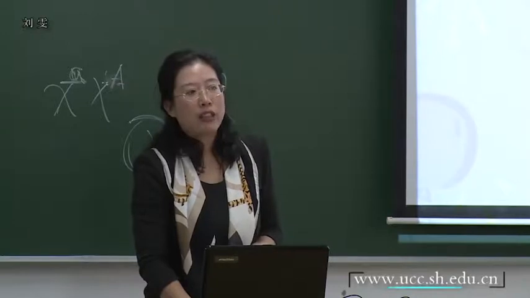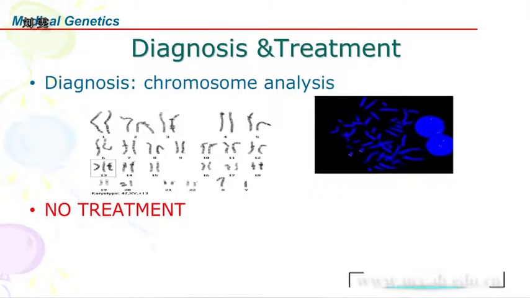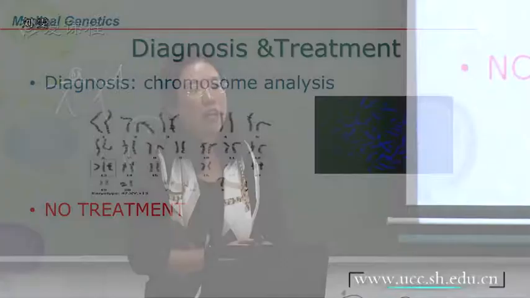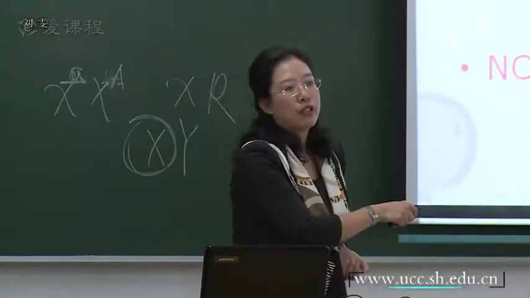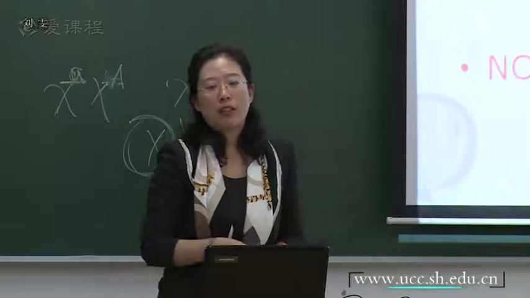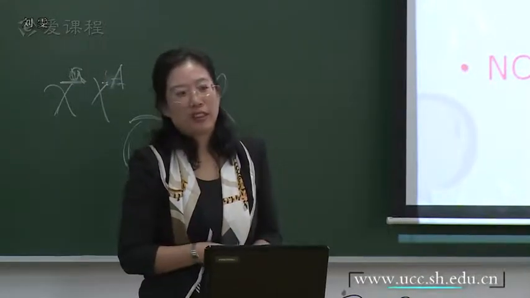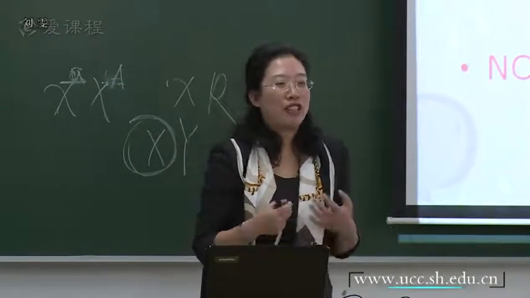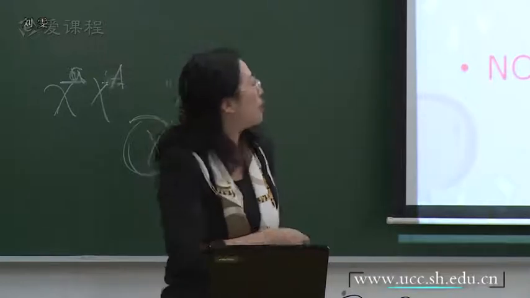This kind of disease is because of chromosome aberration. The diagnosis is very easy. We can do chromosome analysis for the patient. And in your lab training, you will do chromosome analysis by yourself, sometimes from the blood of a volunteer, and sometimes from cultured cells in our laboratory.